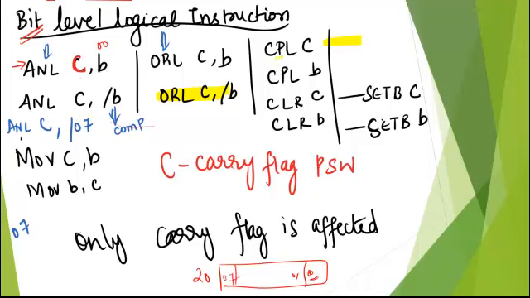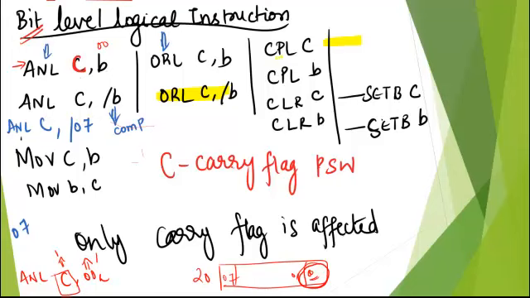If I am specifying ANL C comma 00H, it means that you are going to operate on this bit position. If the carry flag value is 1, and in bit position 00 I have 1, then 1 AND 1 is 1 only, and the result will be saved in carry.